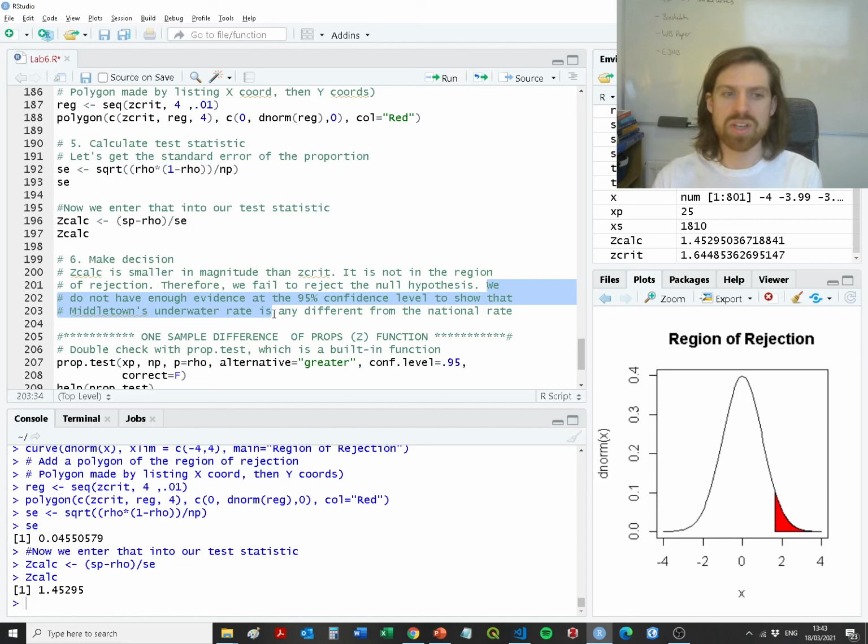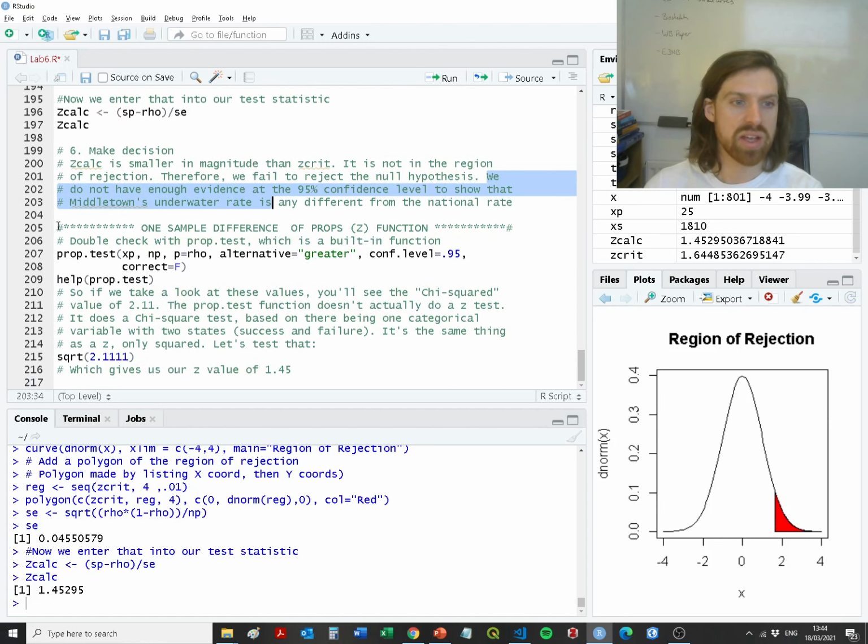That's the key statement that I'm going to be looking for when you report these statistics, because it's indicative of the fact that you're aware of how this statistical approach works, and that we need to be very careful in how we word the findings that we obtain from these statistical tests.